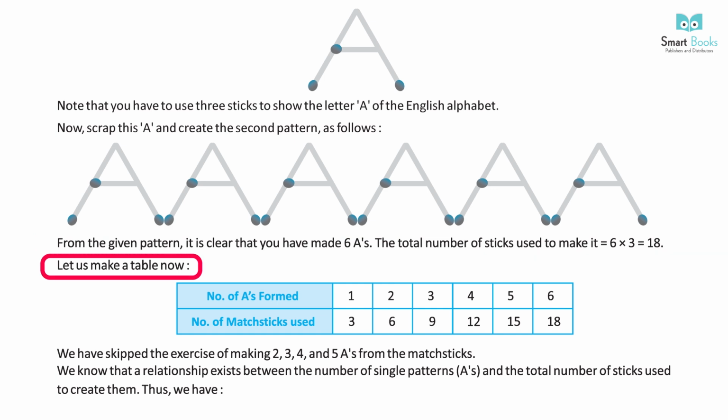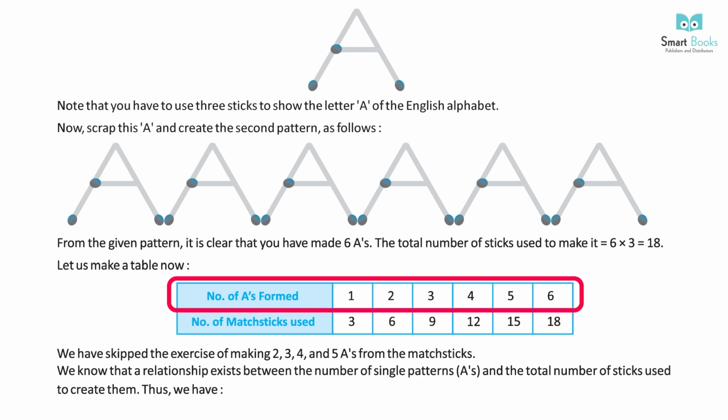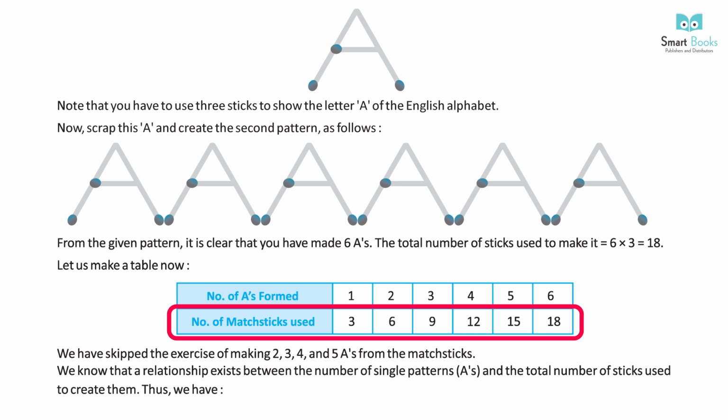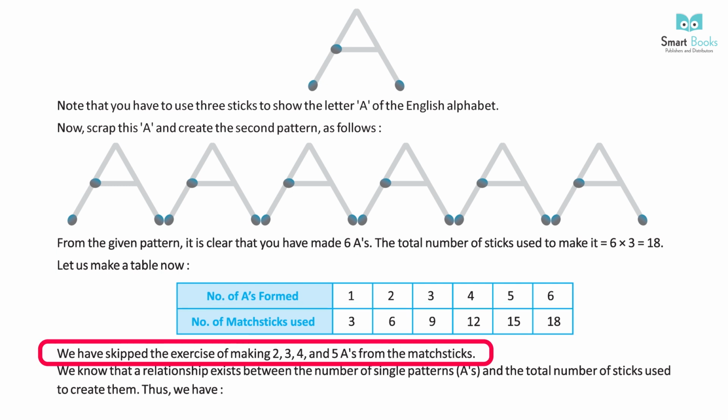Let us make a table now. Number of A's formed: 1, 2, 3, 4, 5, 6. Number of matchsticks used: 3, 6, 9, 12, 15, 18. We have skipped the exercise of making 2, 3, 4 and 5 A's from the matchsticks.